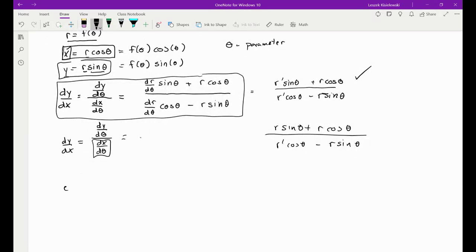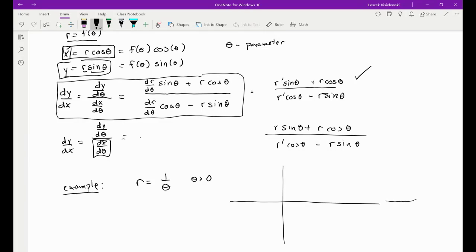So as an example, let's just keep it really simple. Suppose we get a polar curve where r is equal to 1 over theta for positive theta, say. So that's going to look like some sort of spiral. If theta is close to 0, then 1 over theta is large, so r is large.